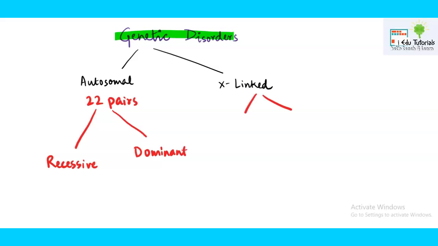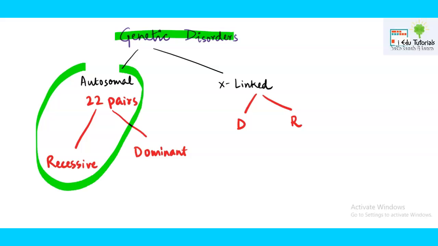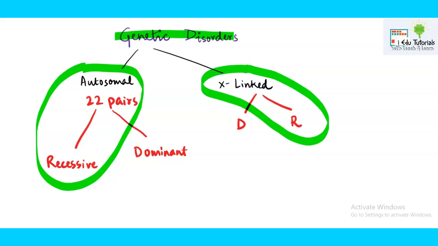Similarly, X-linked disorders could either be dominant or recessive. In this chapter, we have to emphasize the autosomal recessive disorders and X-linked recessive disorders. The other disorders you will study in your senior classes, but here we will be talking about these disorders and we will be using pedigree to analyze them.